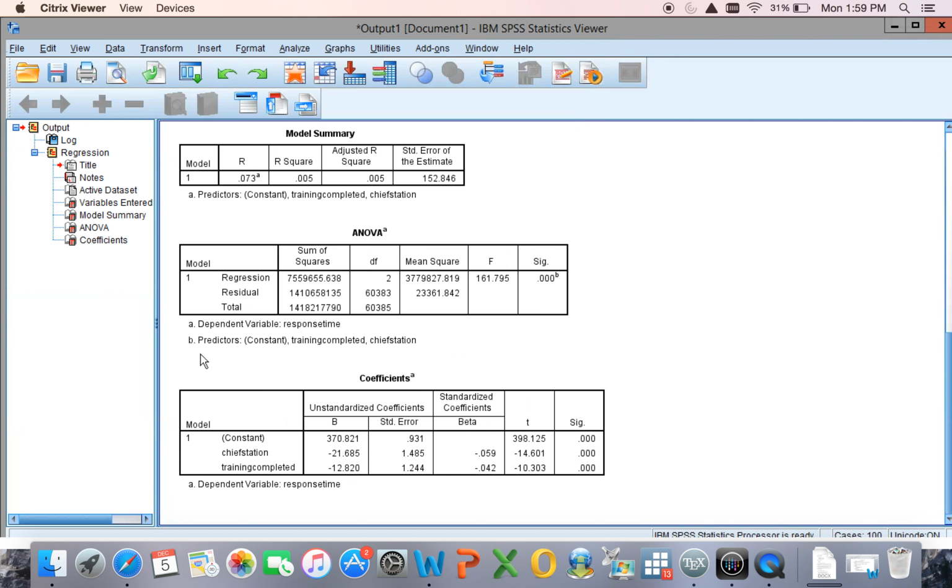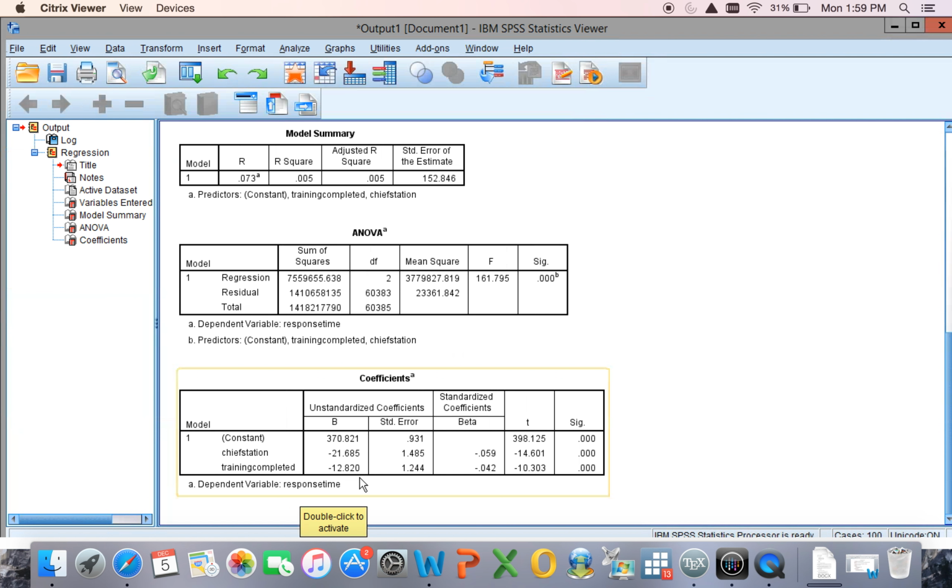The units of response times are measured in seconds, so on average, ceteris paribus, having a chief at the station leads to a 21.685 second decrease in response times. It's significant at above the 99% level.